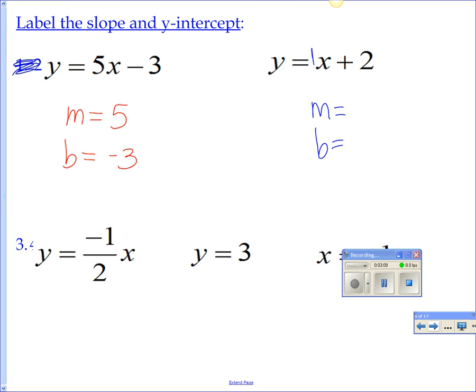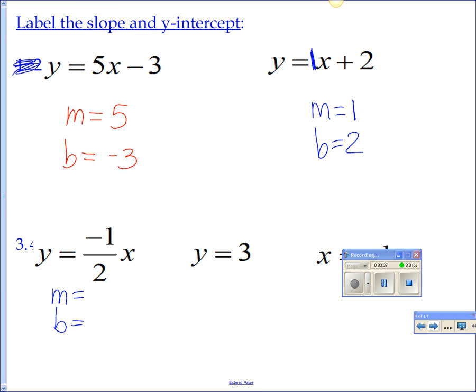Very good. There's a 1 with the x, so your slope is 1. All right, what does b stand for? The y-intercept, and b is 2.